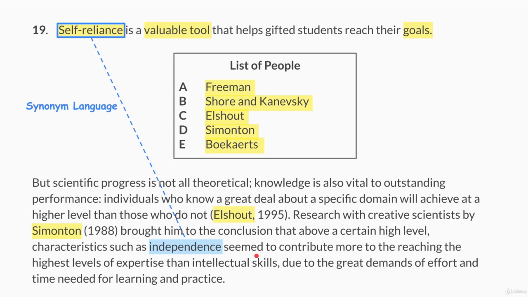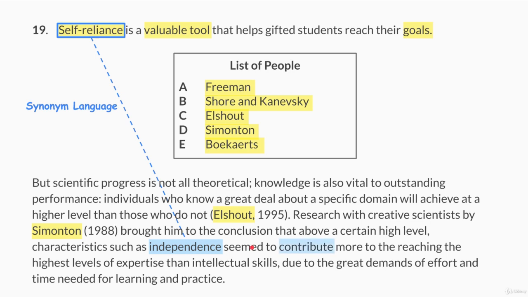So independence seemed to contribute more to the reaching of the highest levels of expertise than intellectual skills, due to the great demand of effort and time needed for learning and practice. Okay, so it seems that the answer choice D, Simonton, is going to match up with question number 19.